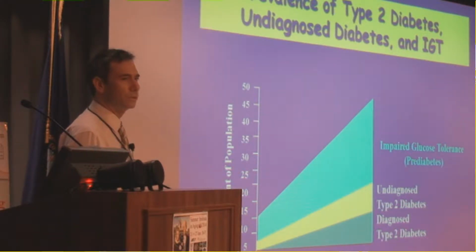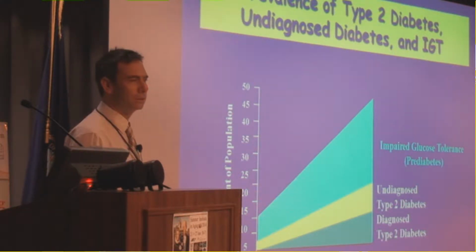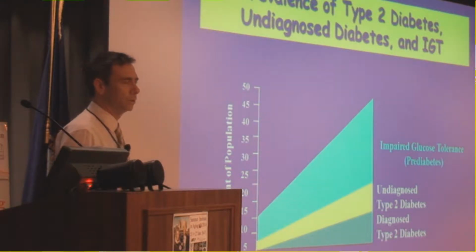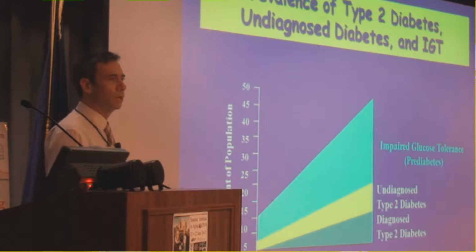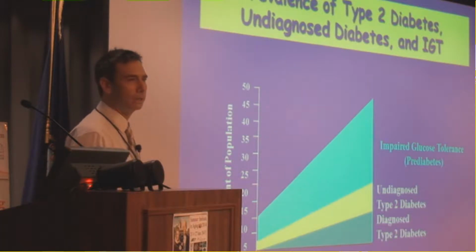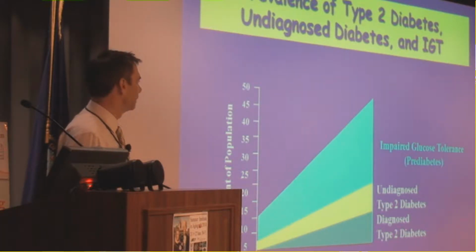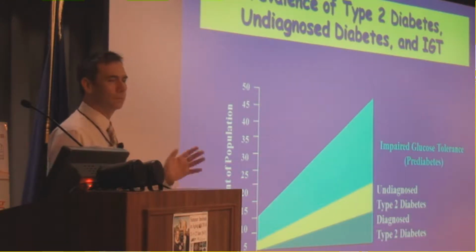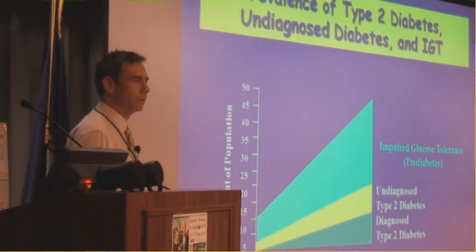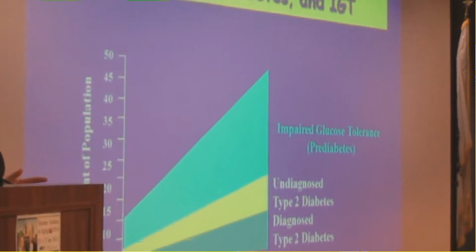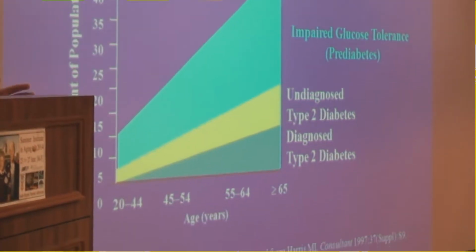So if you ask yourself why diabetes has been increasing so much, there are essentially two main reasons. When we talk about diabetes increasing in the world, it's primarily caused by increases in type 2 diabetes. For many of you who are not that familiar with the terminology, there are, broadly speaking, two types of diabetes, type 1 and type 2.